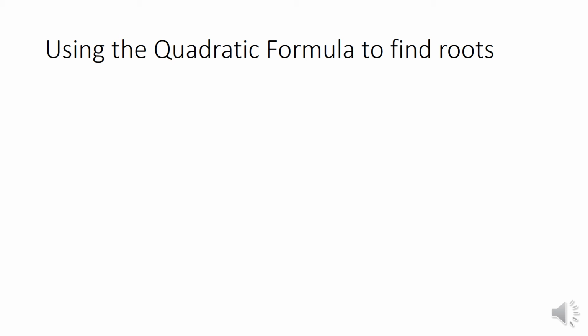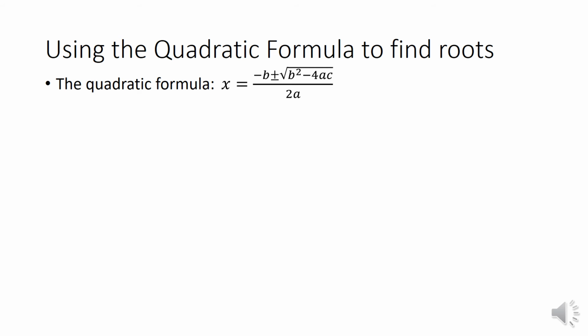Now, sometimes the simple strategies we've covered so far do not work. In the last resort, when trying to find roots, we can always fall back on what's called the quadratic formula. So this right here is the quadratic formula. Now, to know how to set this formula up, you need to always first put whatever formula you have into standard form.